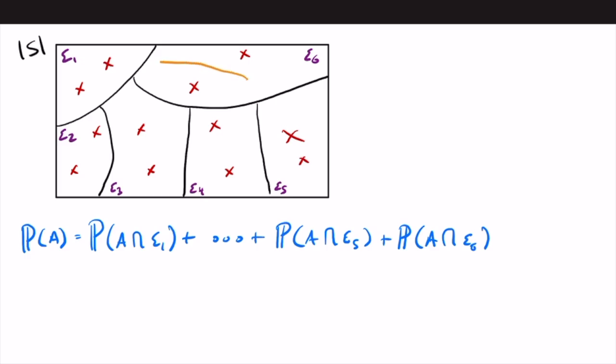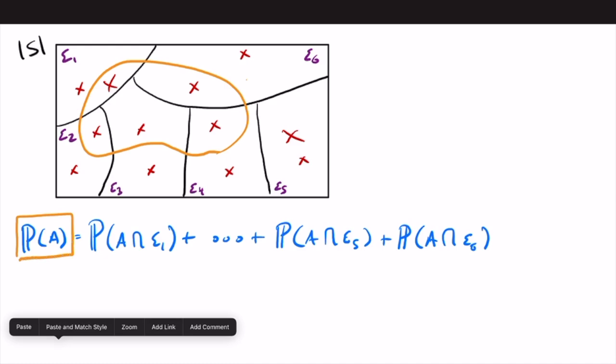So here is our probability of A. I'll draw a little box around it so we know.